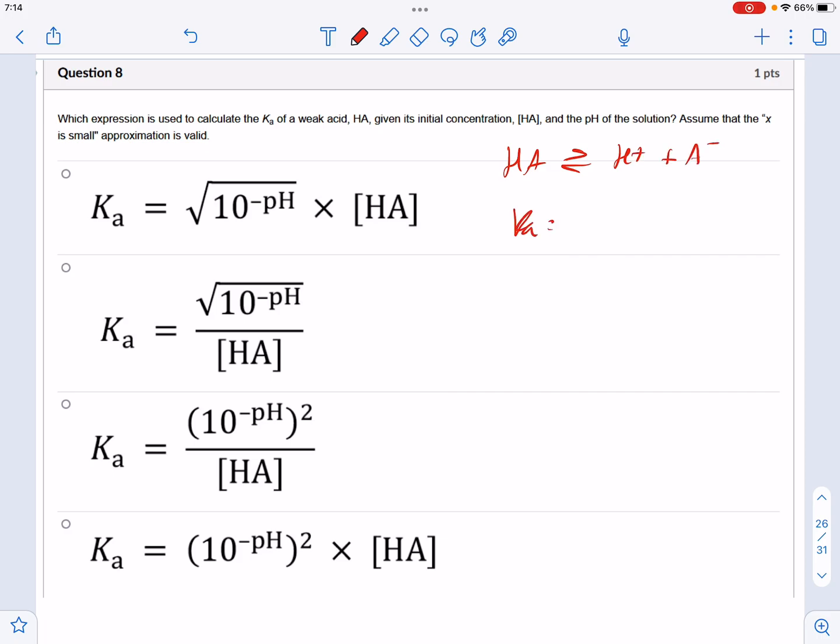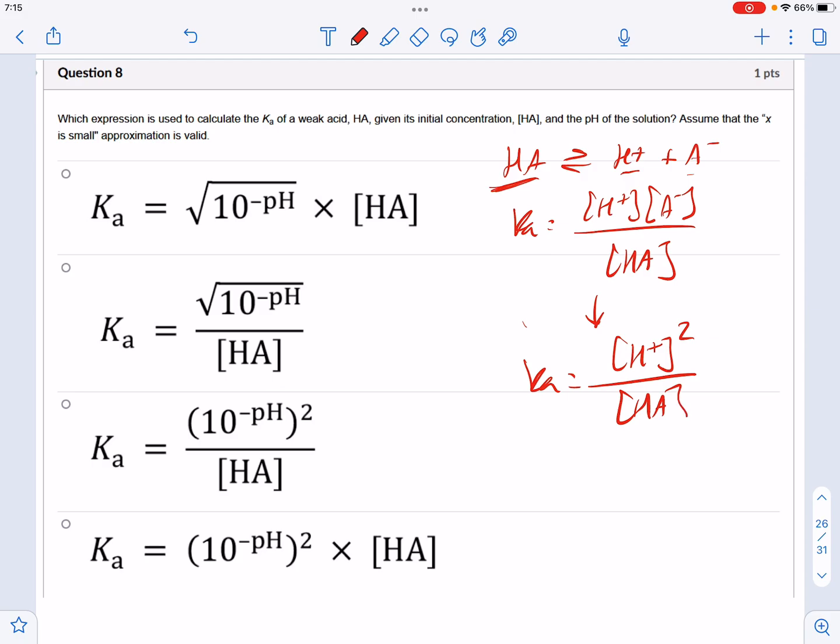Therefore, Ka is H plus times A minus divided by HA. But since everything is coming from the acid, then H plus is equal to A minus. Therefore, we can use this: Ka equals H plus squared divided by HA.